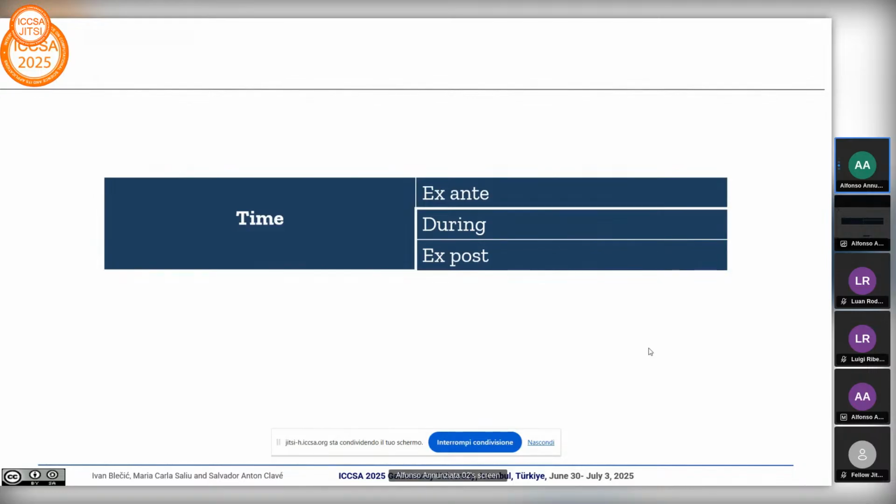And then if the candidate World Heritage site became part of the World Heritage List, we have an ex post phase related to all the mechanisms of management and monitoring in order to protect the recognized outstanding universal value.